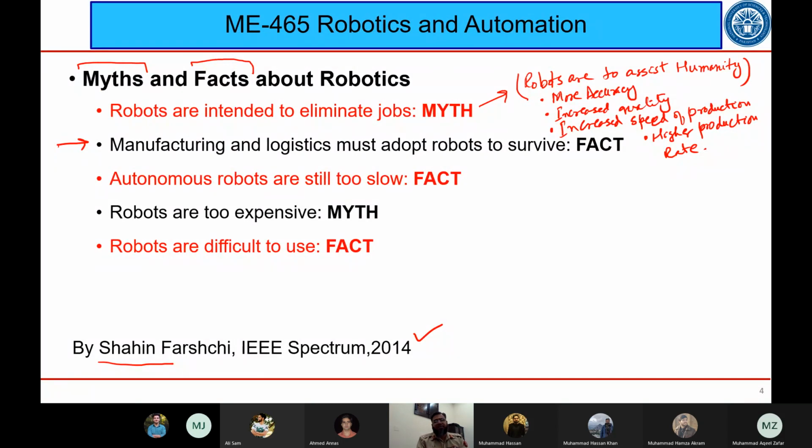So, can you link the second point, which is manufacturing and logistics must adopt robotics to survive? Can somebody link it with this? Sir, manufacturing, because of the products which will be finished by robotics, accordingly you should adopt robotics. Okay, your point is quite clear.